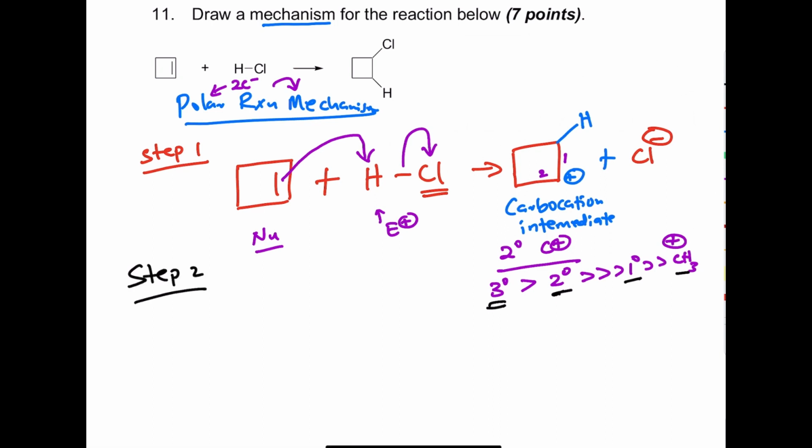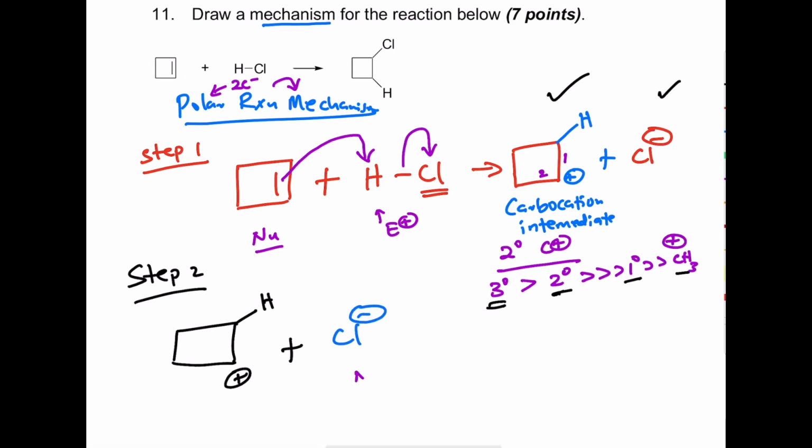And now we use this carbocation and the Cl minus for step number 2. So I'm going to copy those here. We have hydrogen there, and that's a carbocation, then plus Cl minus. And now the Cl minus becomes a nucleophile for the second step, and the carbocation is the electrophile.